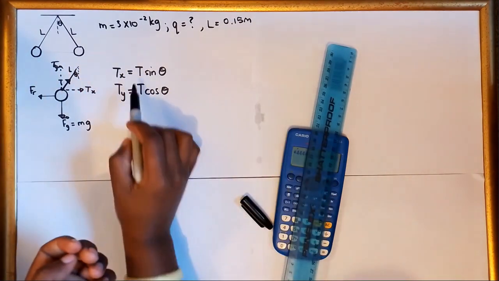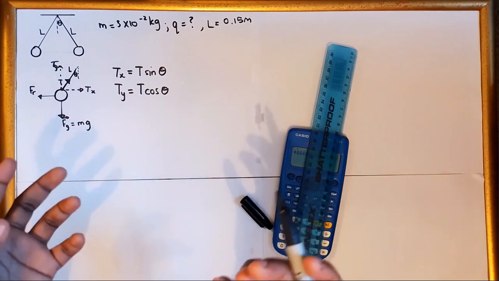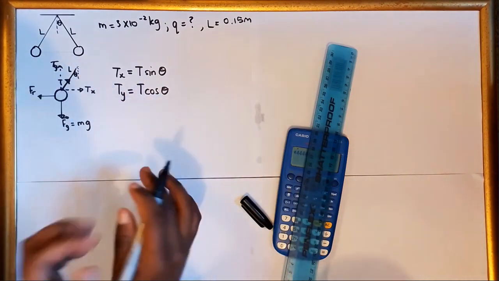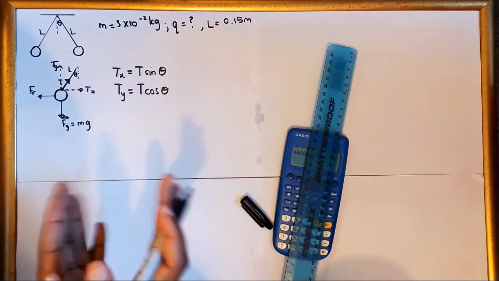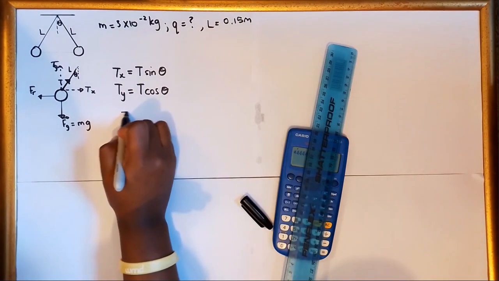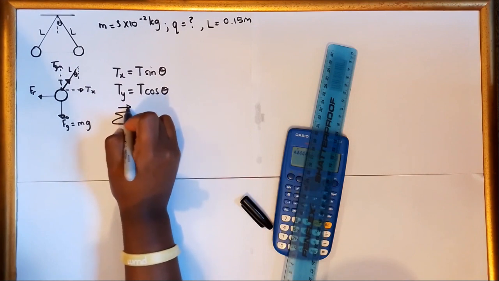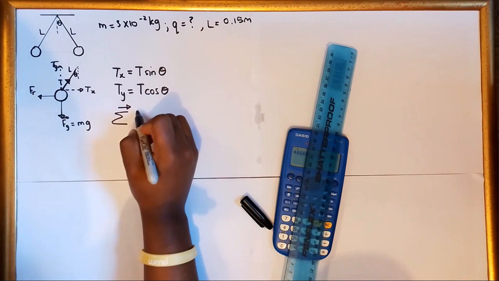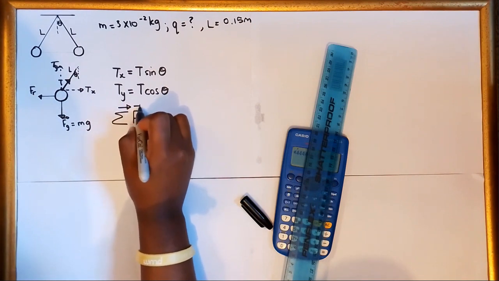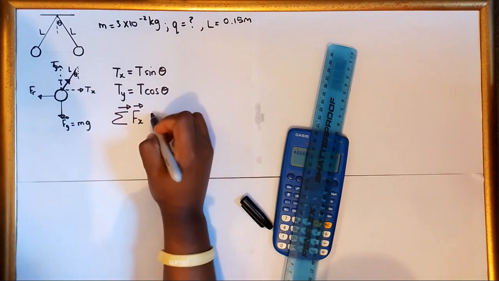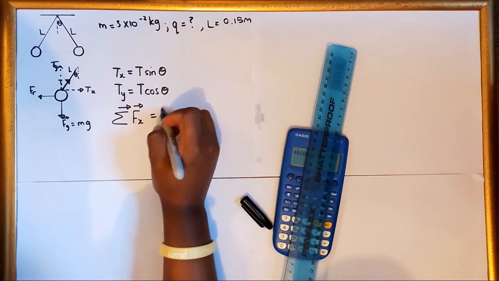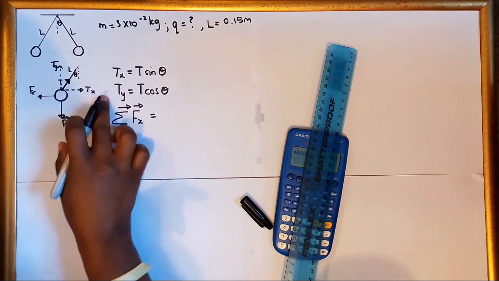I just wrote T to emphasize that it's the tension force, which is equal to the length of the string. Moving forward. Now taking the forces acting in the horizontal components, Fx in this sphere, these are equal to Tx, which is the tension force in the horizontal component.